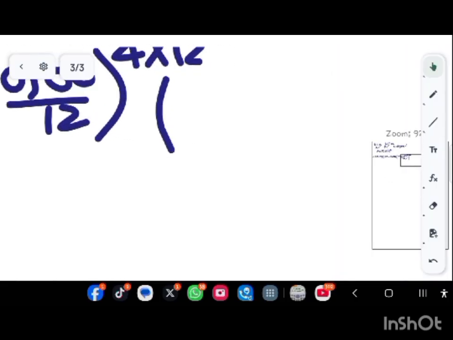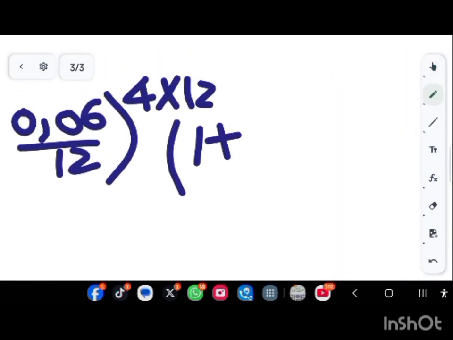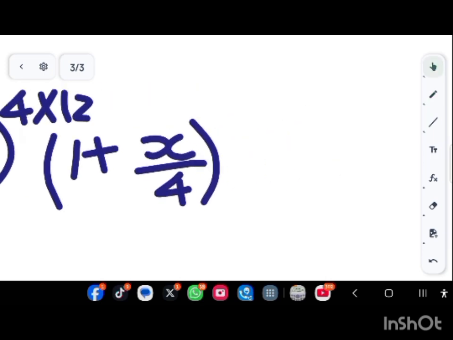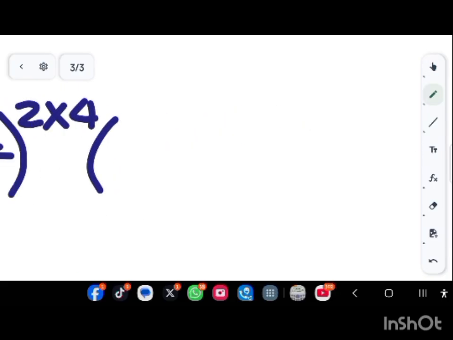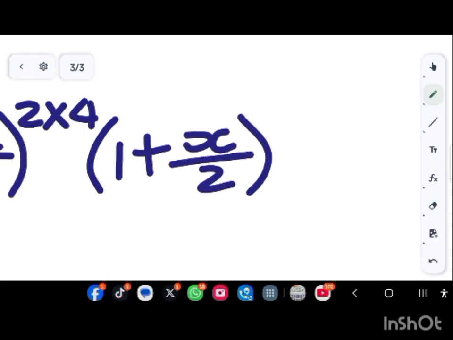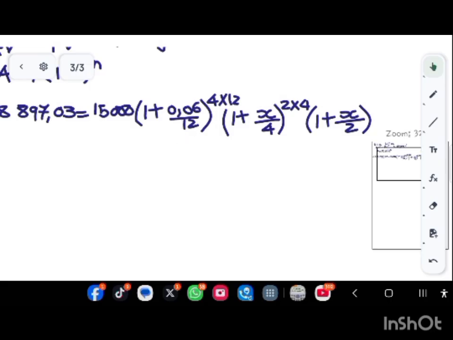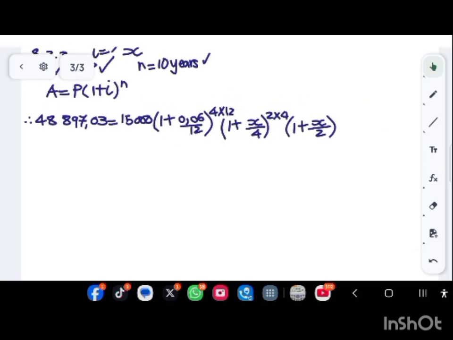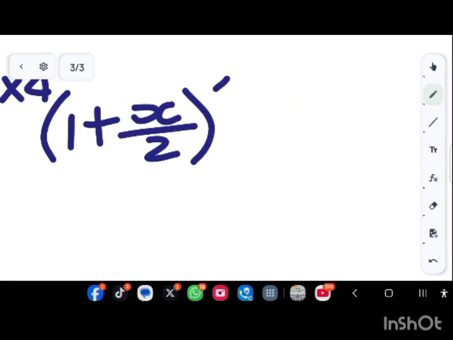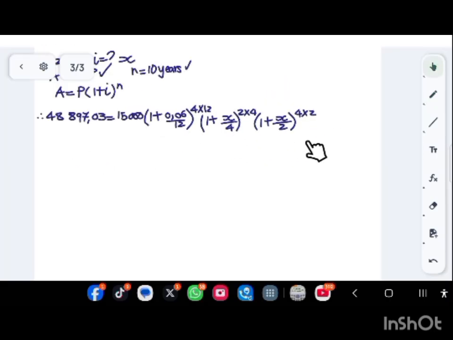So that will be 1 plus X over 4, and for 2 years we multiply that by 2, the exponent is 2 times 4. Another one for the next 4 years, 1 plus X over 2, compounded twice a year, so that will be 4 times 2. This is how you set it up.